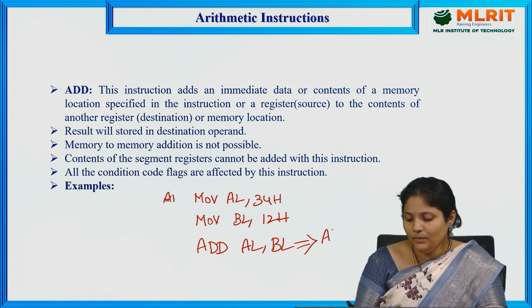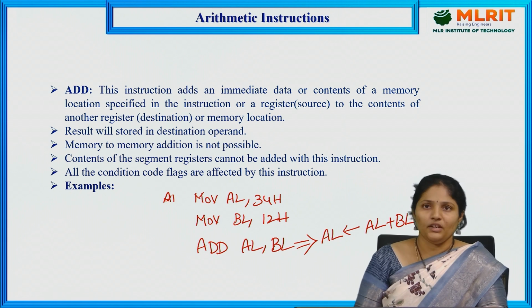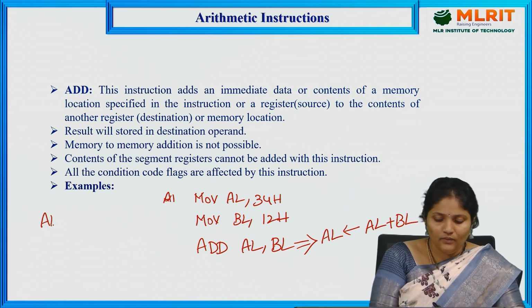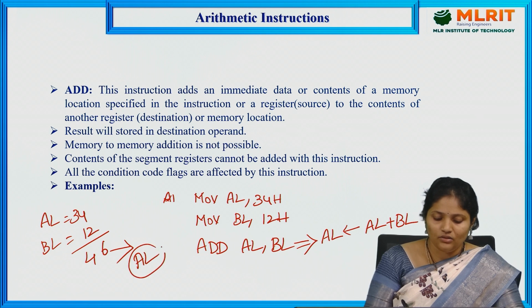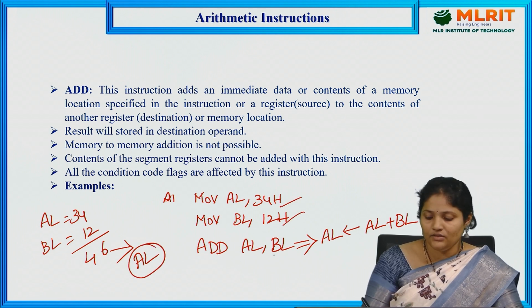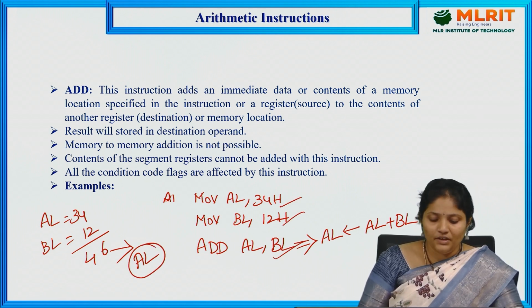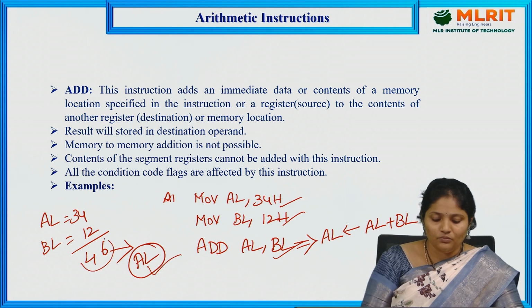The output will be stored in the AL register, and the operation AL plus BL will be performed. If the AL value is 34 and the BL value is 12, the addition is performed and the output is stored in the register AL.